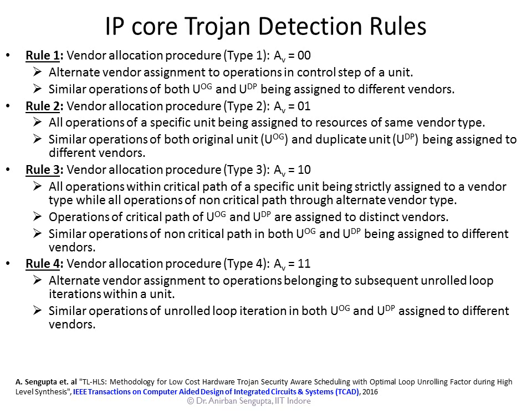The process of detection purely depends on distinct vendor allocations in the original and in the duplicate versions of a DMR design. This slide shows the four different types of rules to achieve the distinct vendor allocation procedure, and that helps in achieving distinct vendor allocation to the same hardware unit or sister hardware units from the original and the duplicate of a DMR design.